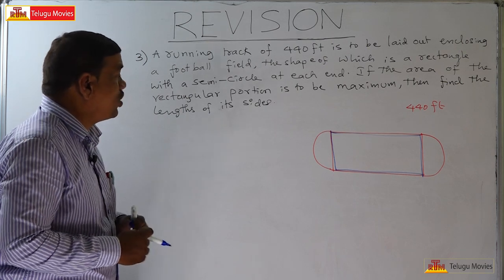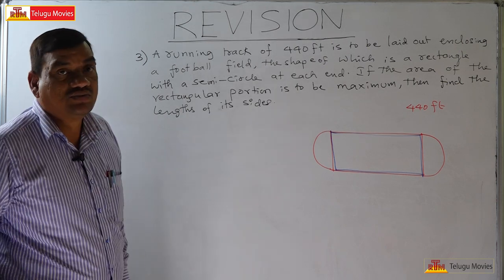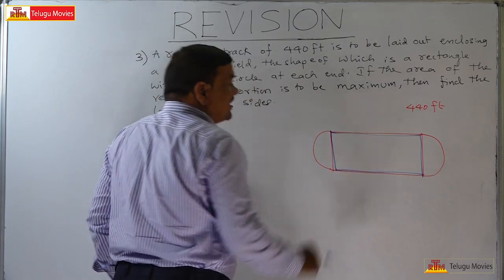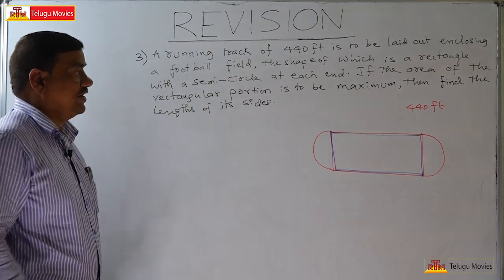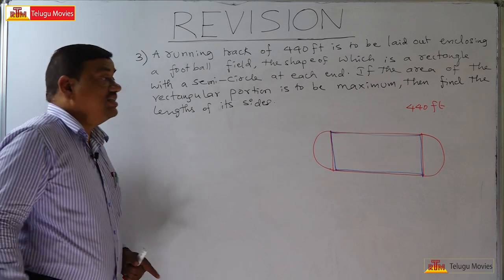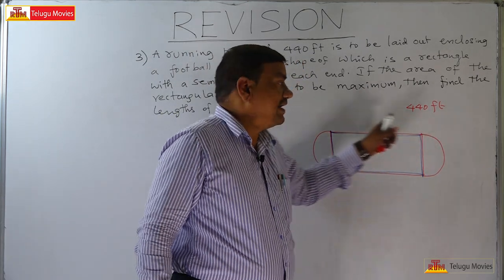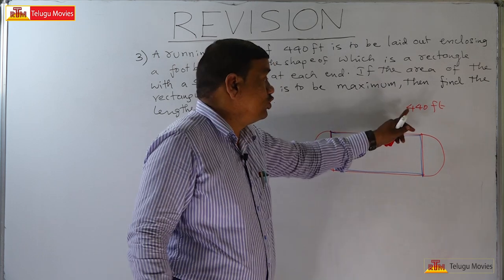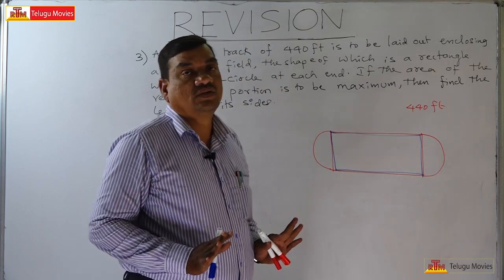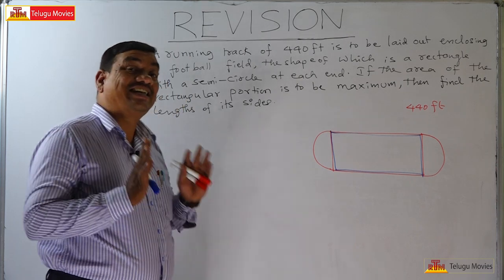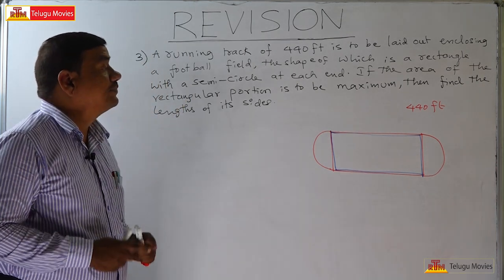Then find the length of its sides. Which sides? This rectangular field's sides you have to find out. The condition is the circumference, or we call it the perimeter. Perimeter of the running track should be 440 feet only. That is a restriction that you have to make.